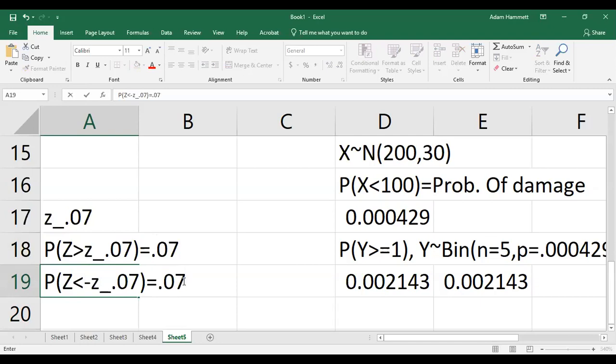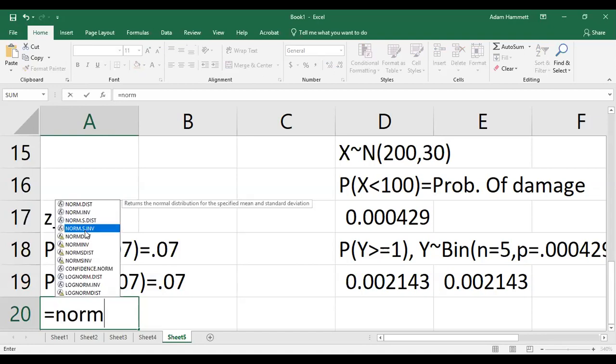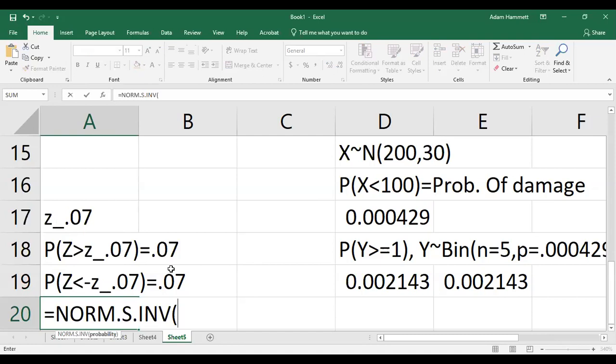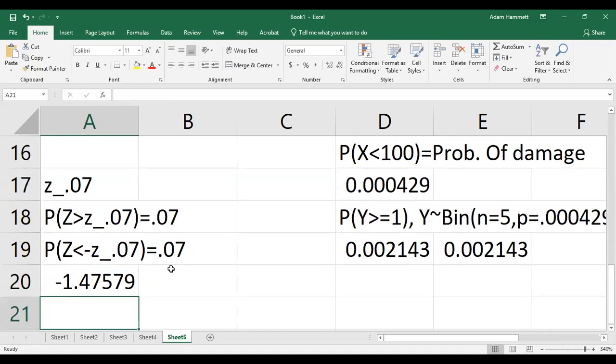That's important because then I can use the cumulative distribution function. I can go equals NORM.S.INV of 0.07, and I get negative 1.47579.